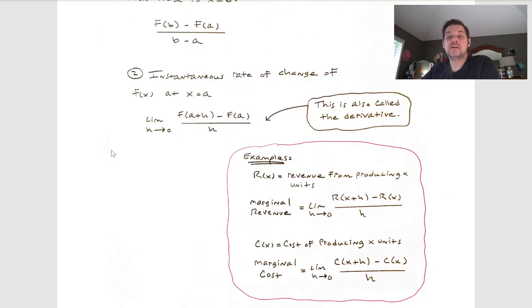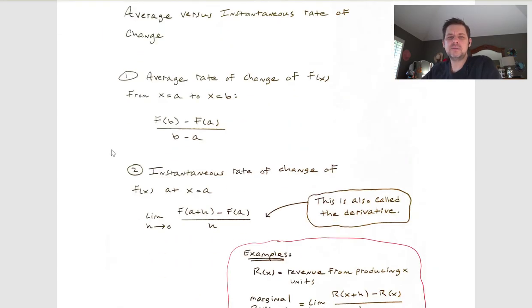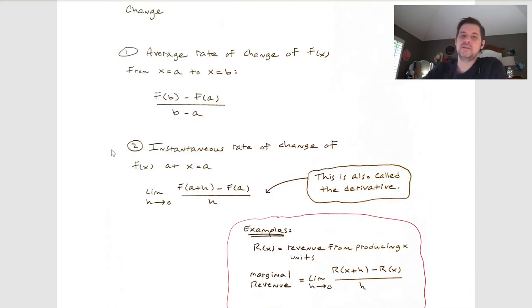Anyway, let's talk about math. So the average rate of change, well, I needed to include it because we are going to do some comparing and some additional problems. But yes, we have seen this, the average rate of change of some function f of x from some number a to some other number b.